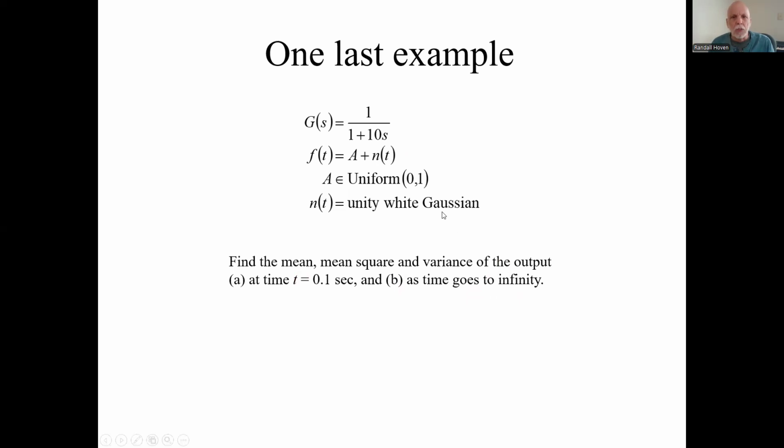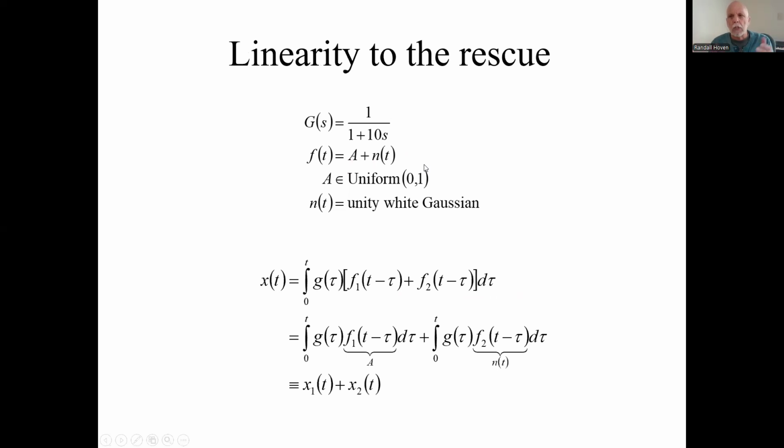How do we deal with such a compound input? Linearity to the rescue. Remember what linearity means. If your input is a linear combination of functions, the output is the same linear combination of the outputs to those individual inputs. Here's our formula for what an output is.